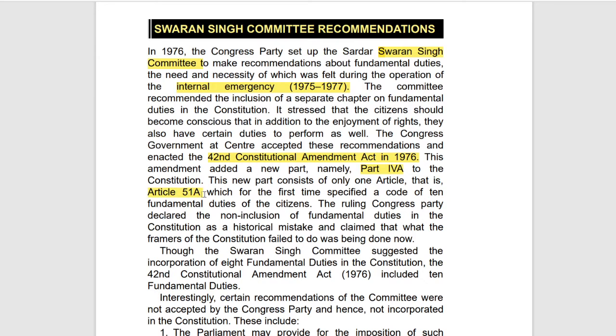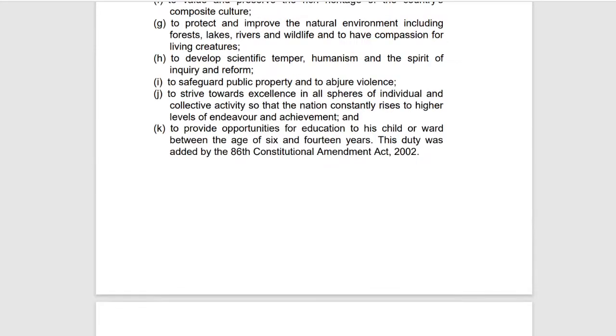Now one more thing is there: the committee recommended how many duties? 8, sorry, not articles, 8 fundamental duties. But in the original Constitution, how many duties came? 10 duties came. Now let us see how I have written this in my notes.